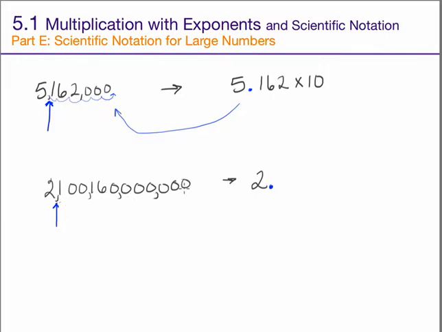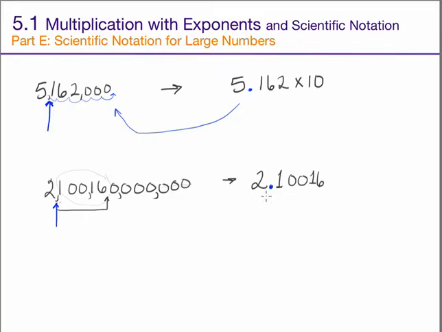Well, initially I have a 1, and then I have some zeros, but they're not trailing zeros. I have some other numbers in here as well. So I need to write all of the numbers up to the point at which anything after that is a 0. I've already got the 1 and then 0, 0, 1, 6. And then I can stop writing.